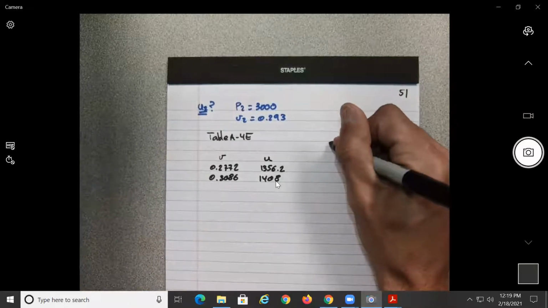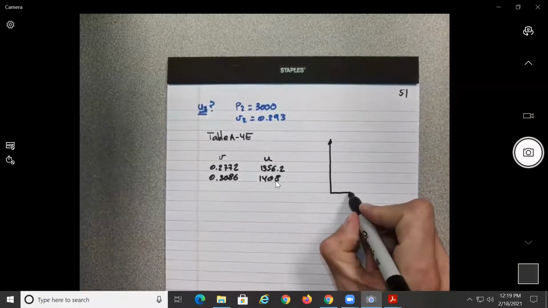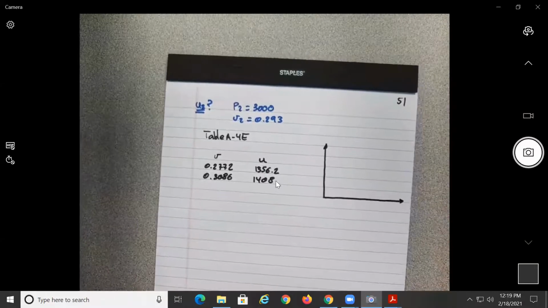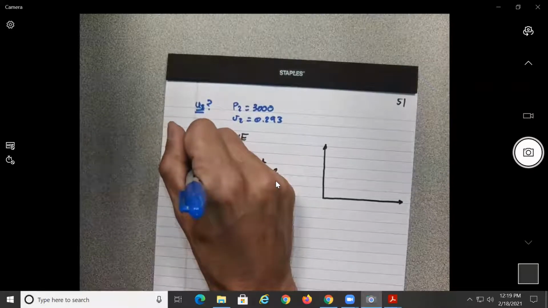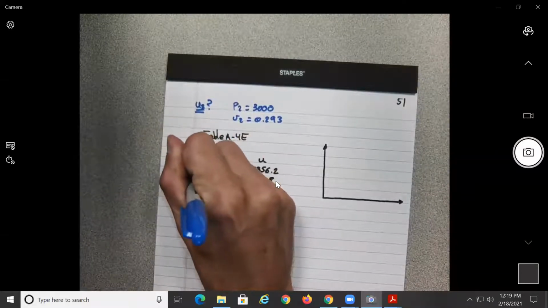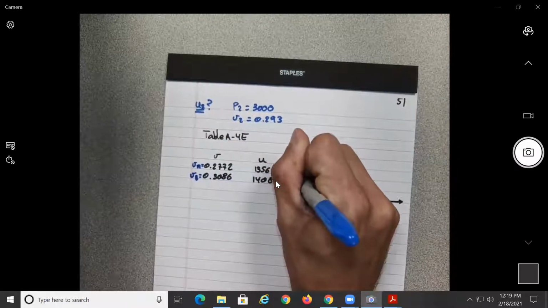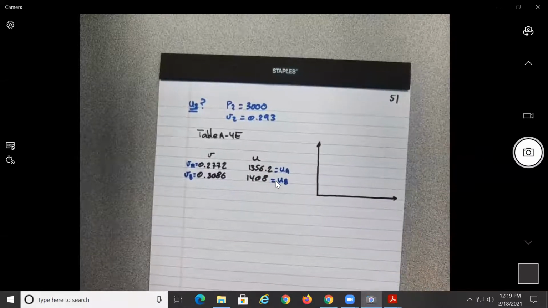So the way to interpolate, generally, I'll do it in a lecture, but here let's just do it this way. Let's call this one VA, VB, U sub A, U sub B, okay?